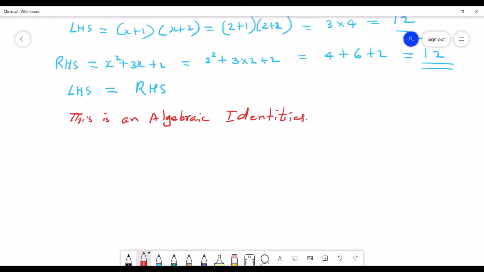It means that in an equation, when two expressions are there on the right side as well as the left side, whichever value we give for the variable, it satisfies the left side as well as the right side. Whatever value we get on the left hand side, the same value we should get on the right hand side also. If we have the same values, then we can say that this is an algebraic identity.